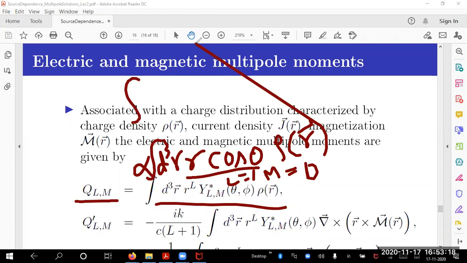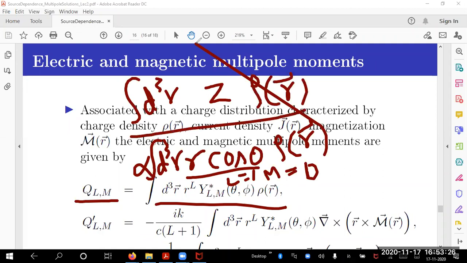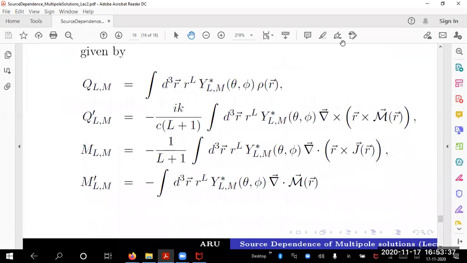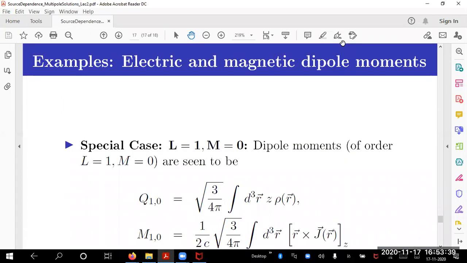That is nothing but z. Correct? r cos theta is z, and I have rho of r. This is what I get: Q10 is proportional to this. I will write that on the next page. I will stop here, but let me come to a conclusion. This is enough for today. So Q10 is the integral of z rho of r.